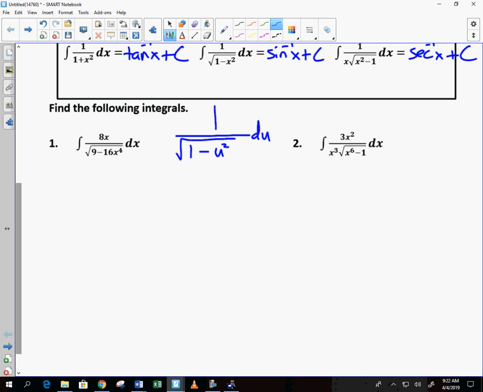So I'm going to factor a 9 out of the bottom. Watch what happens. I have the integral of 8x over 9 times parentheses, instead of 9, what will you have? 1 minus 16 over 9 x to the 4th, dx.